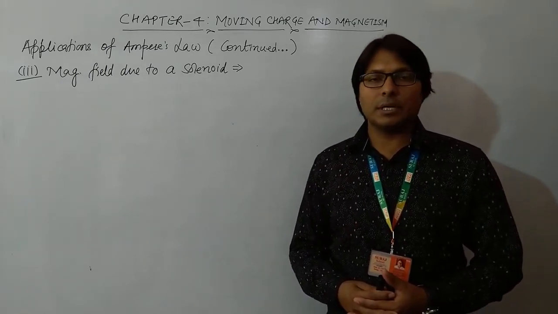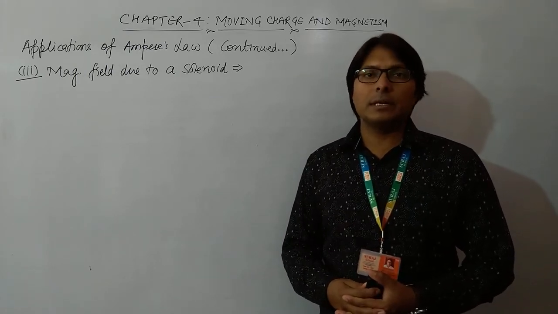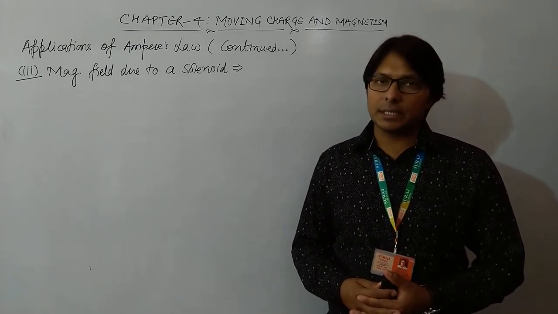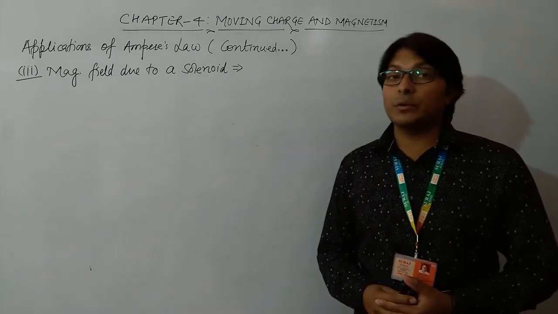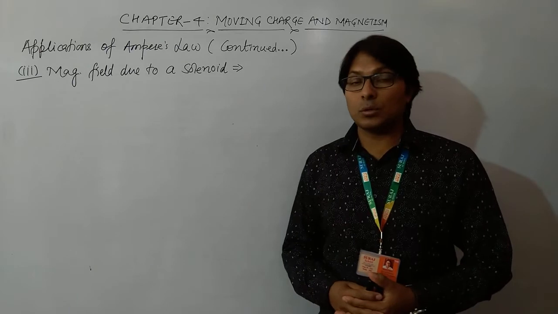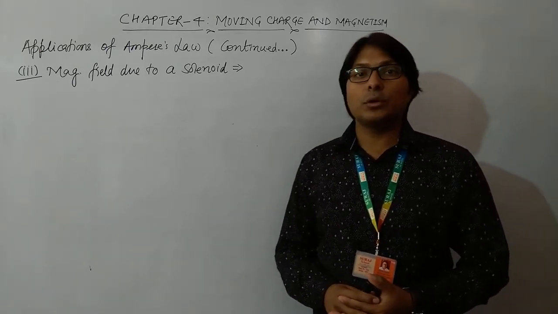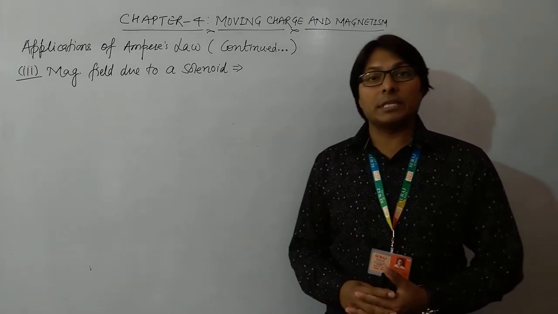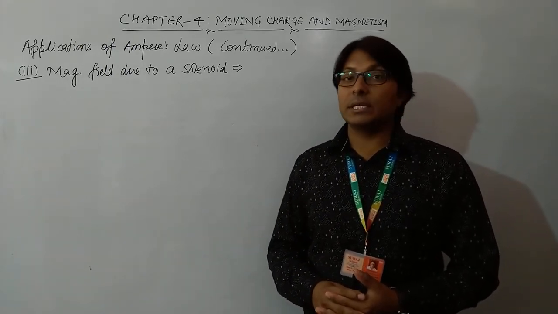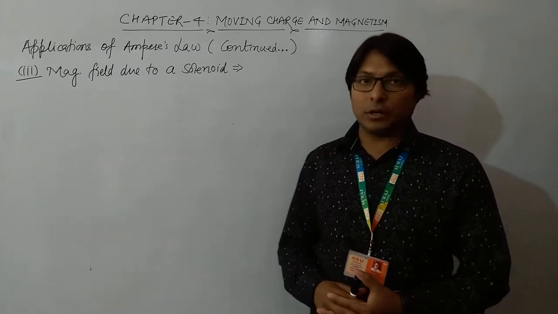The very first application was to determine the magnetic field due to a straight current carrying conductor, which you might have seen becomes very easy with Ampere's law. Otherwise, using Biot-Savart's law to derive the same formula would take a long time and be very tedious.